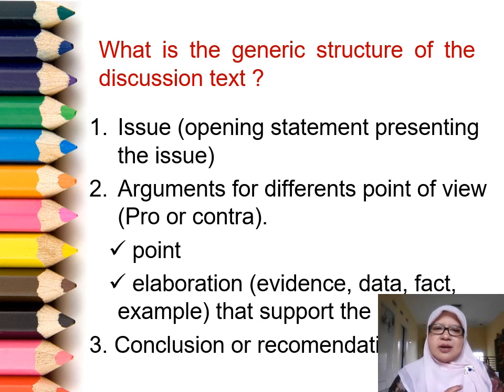The element of the argument is the point, and the second one is elaboration. The elaboration can be concluded as the evidence, data, fact, example that support the argument. And then the conclusion and recommendation.